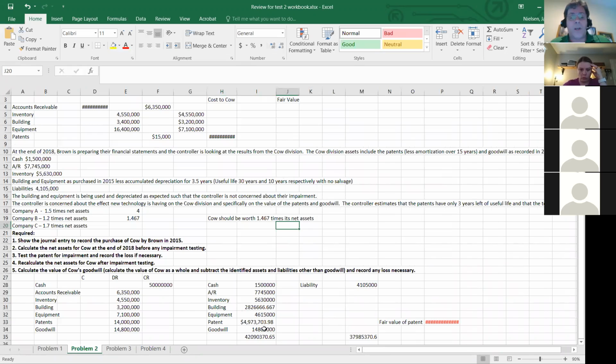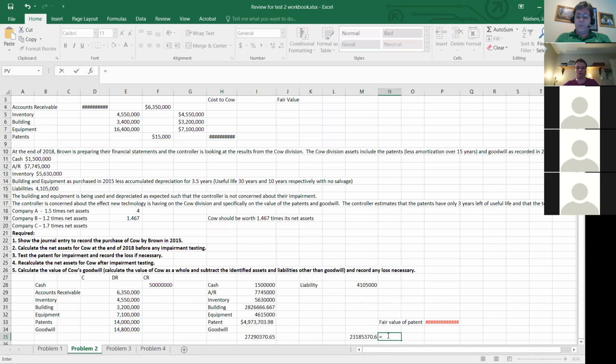What we want to do is take out, for just a minute, our goodwill. I'm just going to delete that for a minute. My net assets are $23 million without goodwill, because anytime you're talking about net assets for the value of a company, the goodwill wouldn't be counted in that.